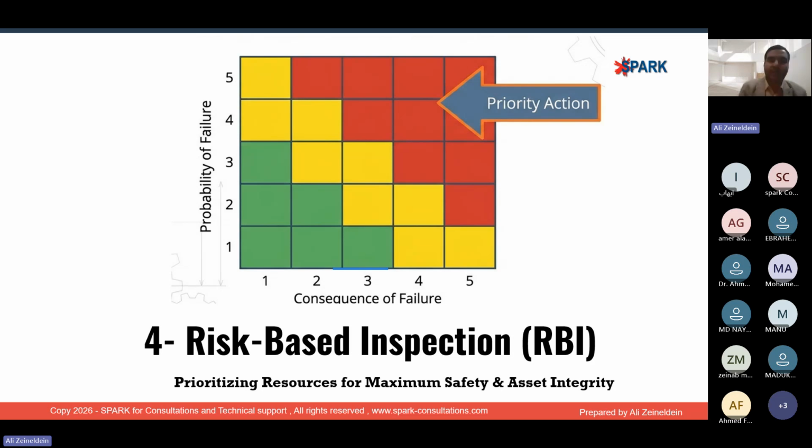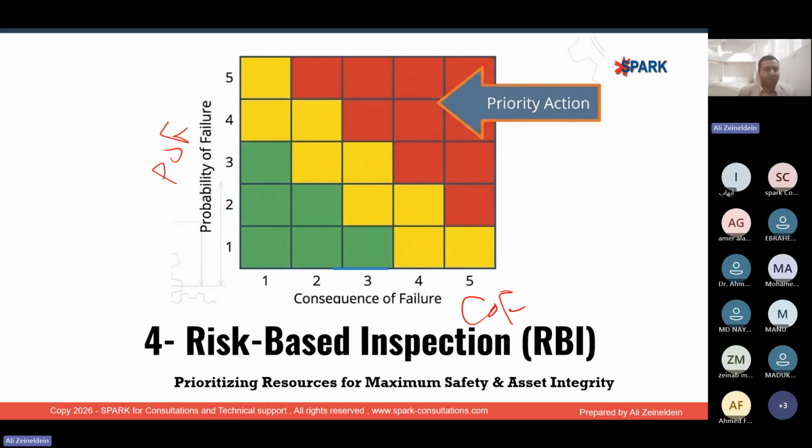This is the risk matrix, the relationship between probability of failure and consequences of failure, and then to prioritize the resources for maximum safety and asset integrity.